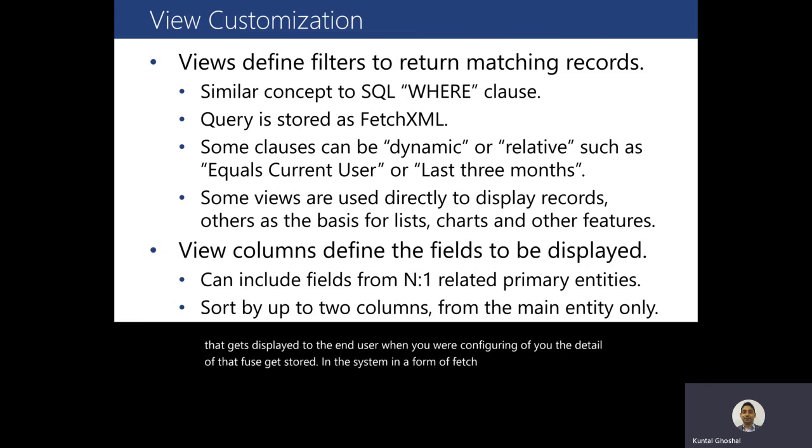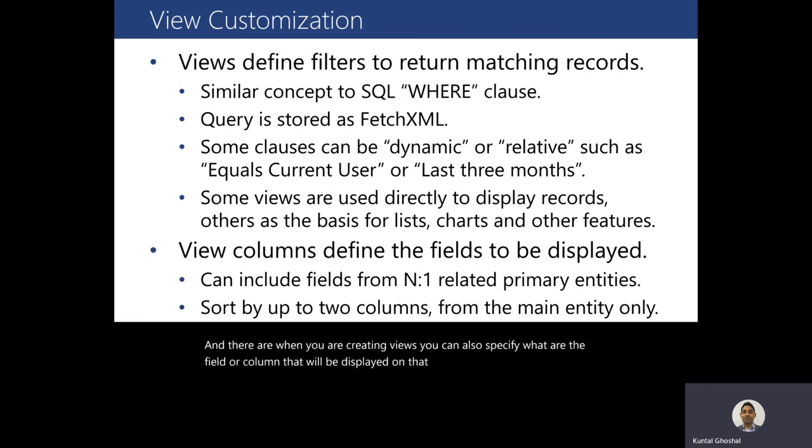There are some dynamic or relative clauses, such as equals current user or last 3 months. Even if you are creating a filtered view, the filter criteria can be dynamic based on the logged in user or current user. When you are creating views, you can also specify which fields or columns will be displayed on that particular view.